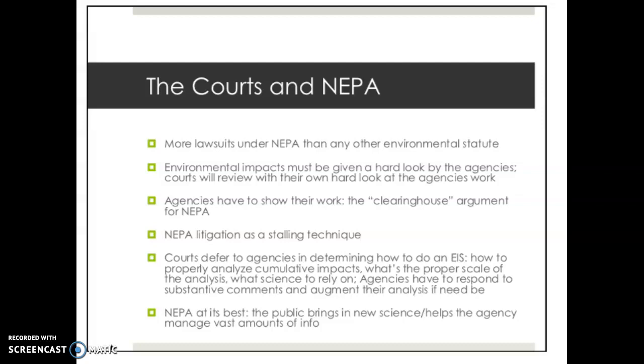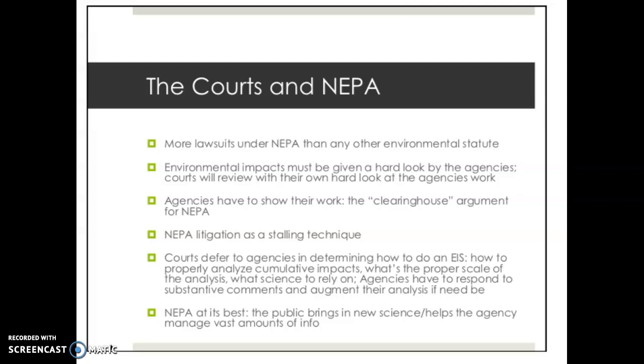The goal is to take up a lot of time of the people who are trying to analyze a project in order to stall the project from actually happening.